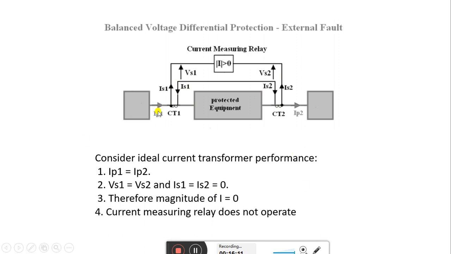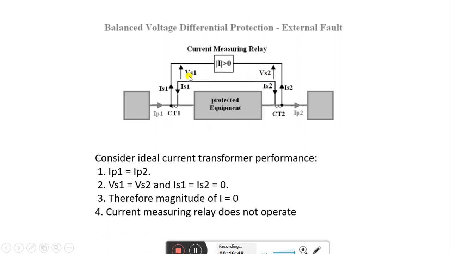Why? Because there is no potential difference at both ends since they are connected in voltage phase opposition. As we know, if there is a potential difference in the circuit, only then will current flow, otherwise current will not flow. So in this case, if the fault is external, VS1 will be equal to VS2.